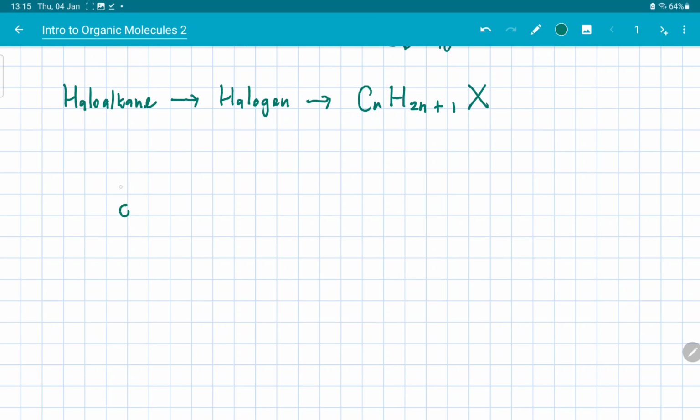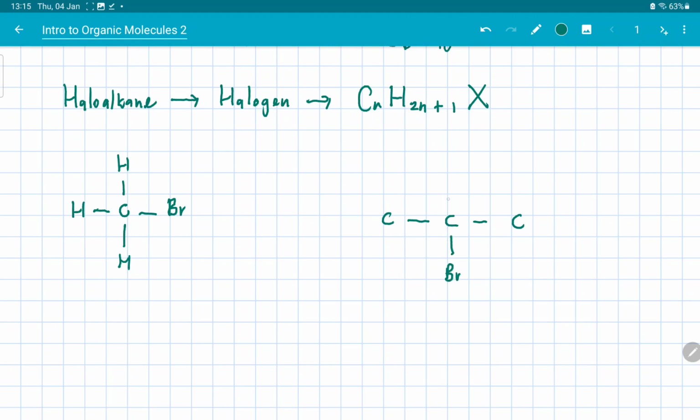Let's try the simplest. The simplest haloalkane that I know of has 1 carbon. I'll use Br and then I'll do it side by side with another one.